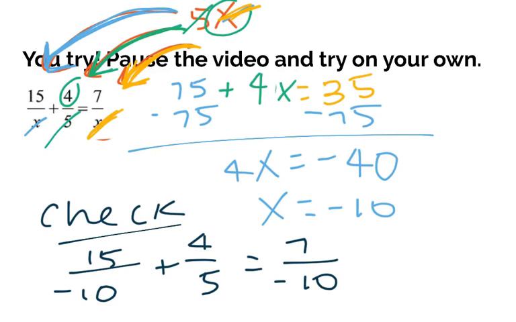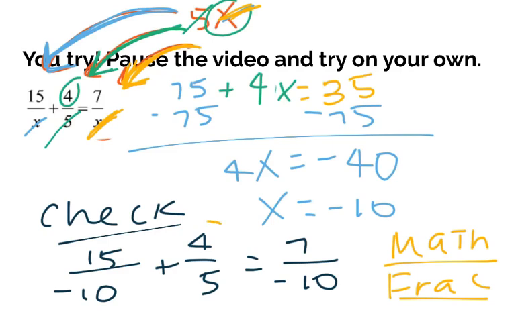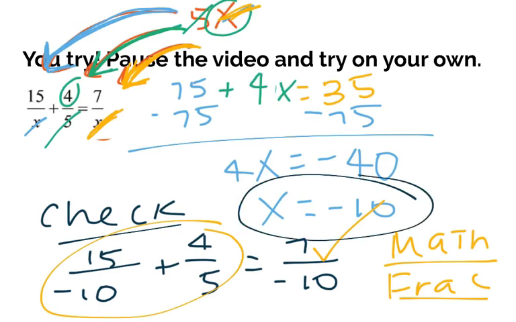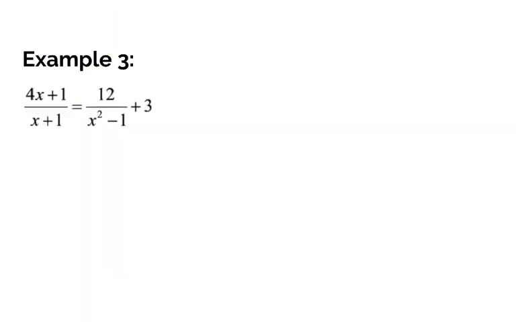So remember on your calculator to get that, hit the button that says math, and then your calculator's already highlighted on frac, and just hit enter, and it will put whatever decimal you had into a fraction form. So when I typed this in, I got negative 0.7, and then I hit math frac, and it said negative 7 over 10, which is exactly this side. So that's true, which means x equals negative 10 is the answer.